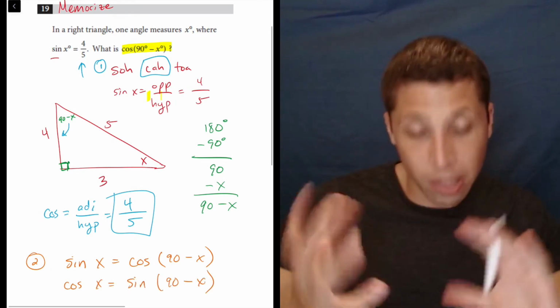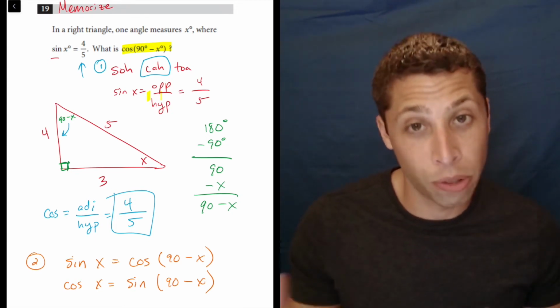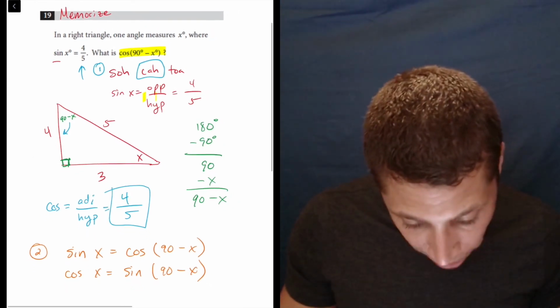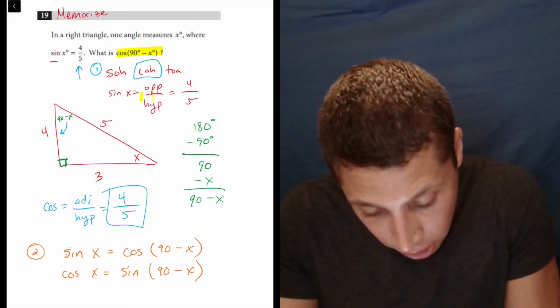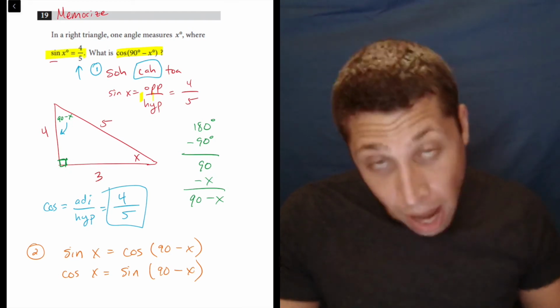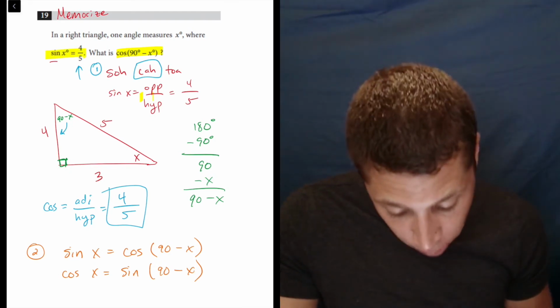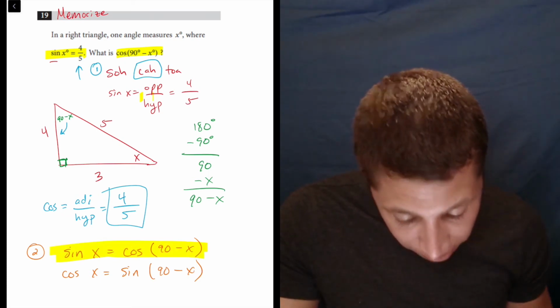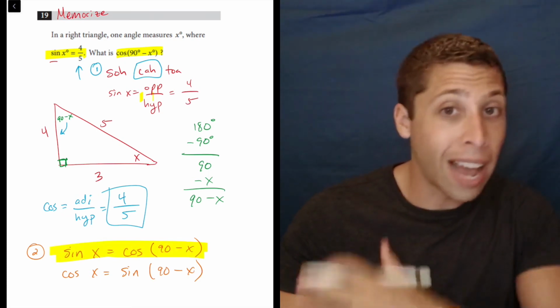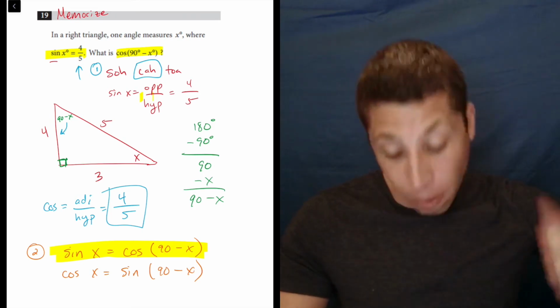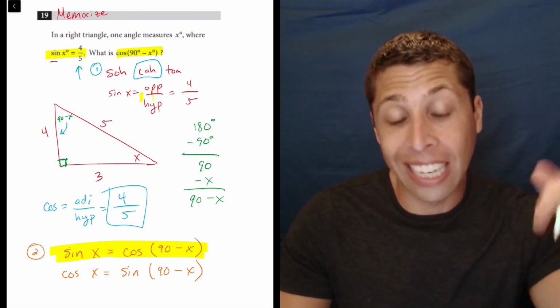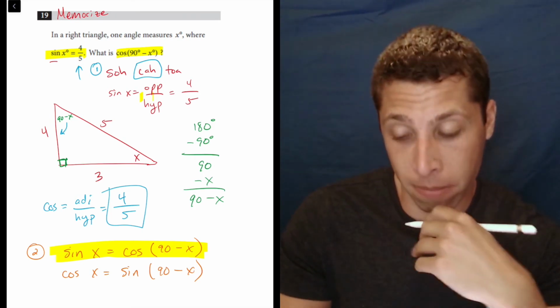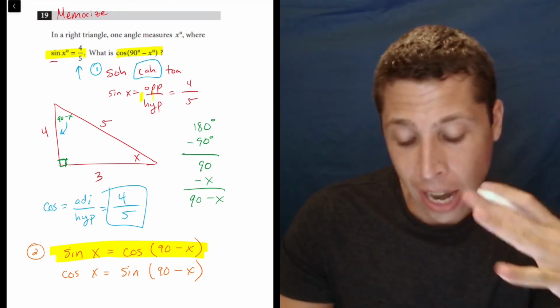So there's this weird kind of relationship between cosine and sine. And so if we knew that from the start, right, if we knew we have sine of x and we're being asked for cosine of 90 minus x, we know that it's going to be the same because of this rule. So we could have, without showing any work, just come up with 4/5 very confidently if we memorize this rule. So hopefully now you understand it and you know it's there.